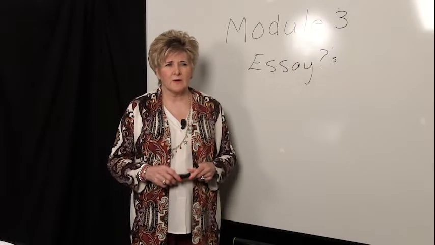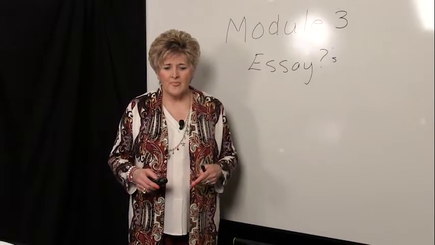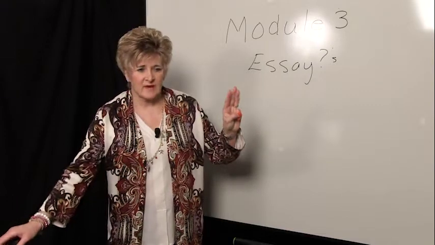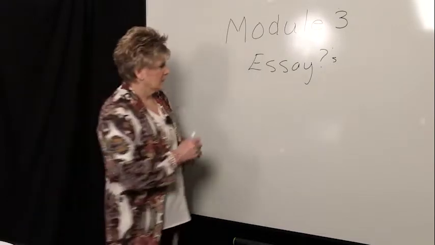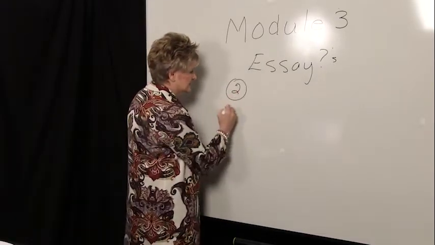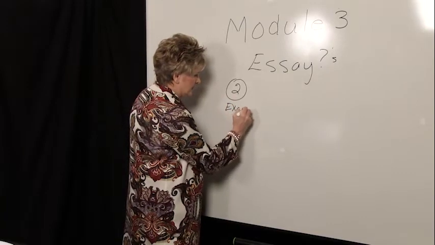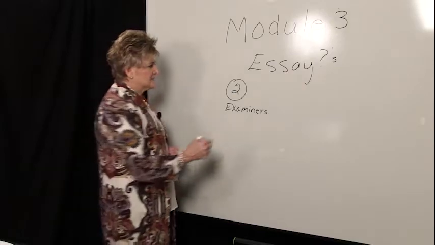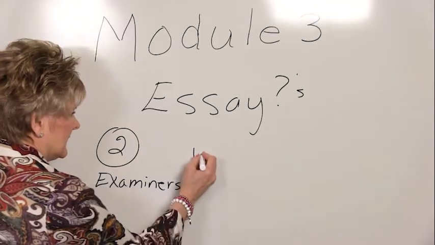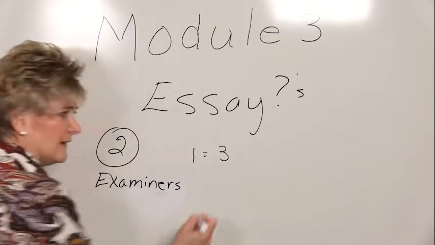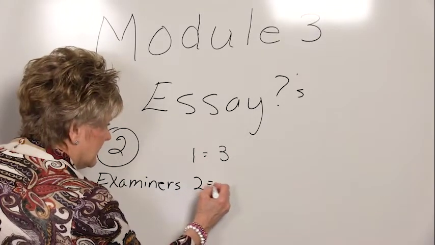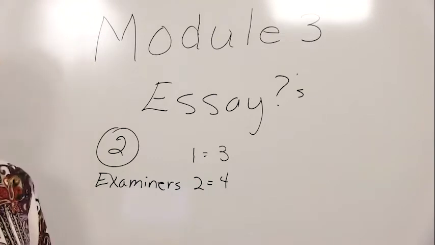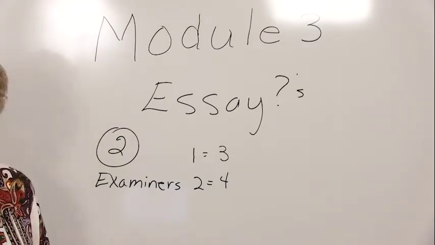Let's stop right here and let me tell you how these are scored. They are actually read by 2 examiners, and I'll just give you an example. If examiner 1 gives you a 3 and examiner 2 assigns a 4, there's a discrepancy in your actual score.